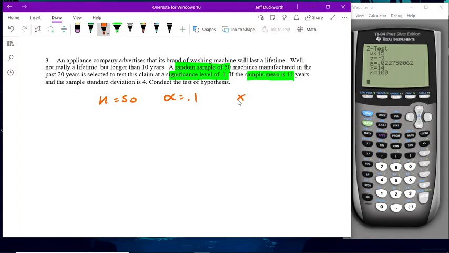That means x bar equals 11. And finally, the sample standard deviation is 4. That means s equals 4. So these are the summary statistics that we have. We're dealing with x bar. That means we're using a mean, so we're going to use mu for the parameter.